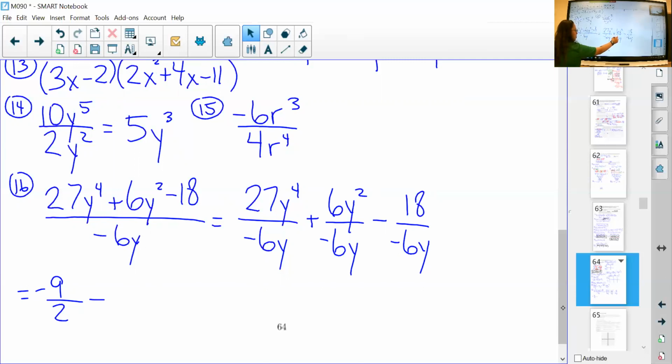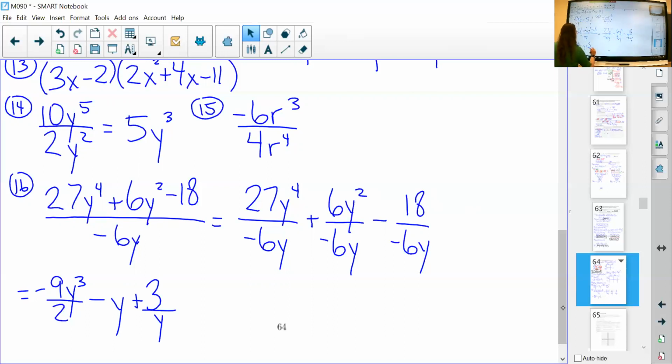6 over 6 is 1. Y squared over y is y to the first, or just y. Oops, I forgot my y term. Sorry about that. This is y to the fourth over y to the first, so y cubed. Now we go to the third term. We have a negative and a negative, so that's plus. 18 over 6 is 3. And I have a y on the bottom.